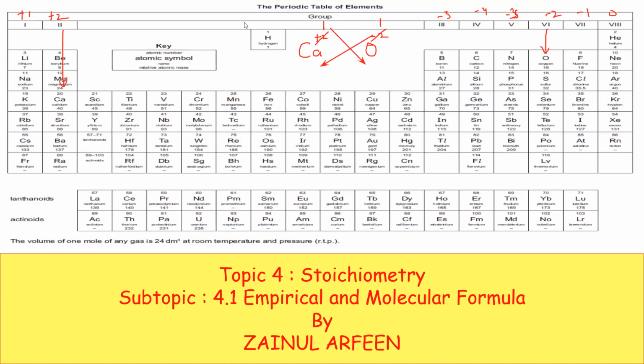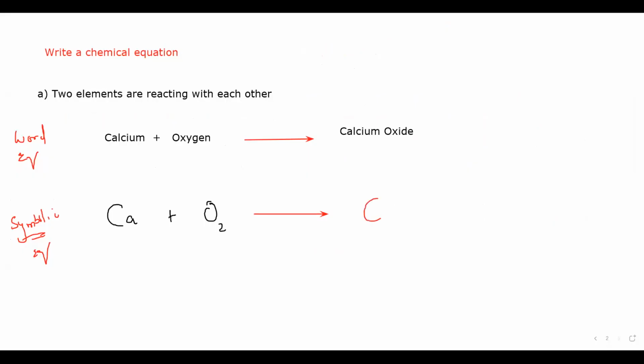So when we cross multiply the valency after simplifying, the formula of calcium oxide will be CaO. So the formula for calcium oxide is CaO, not CaO2. If you write CaO2, it means you made a mistake. You have to write the correct formula according to their valencies.